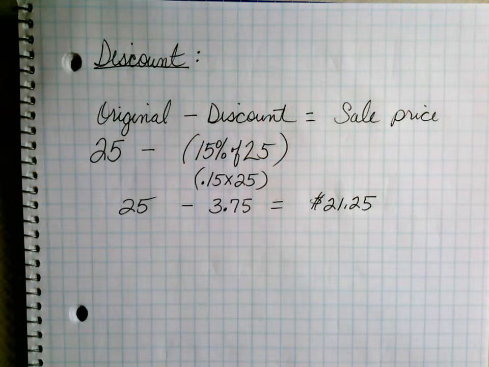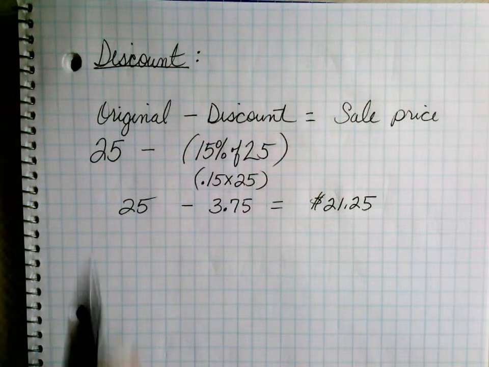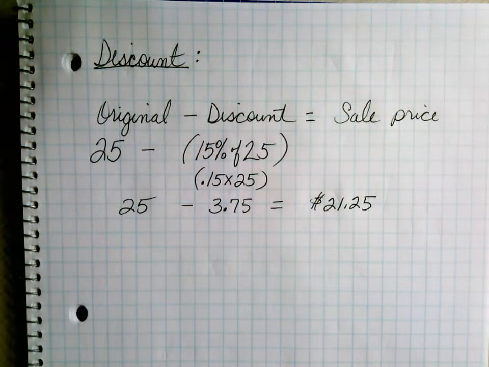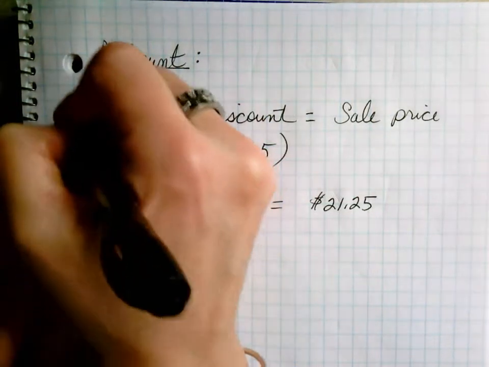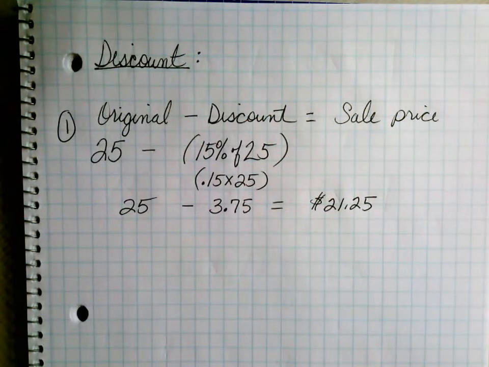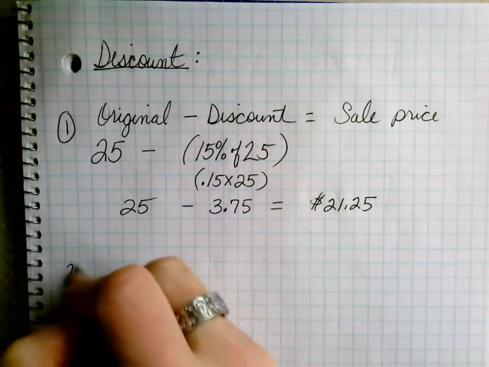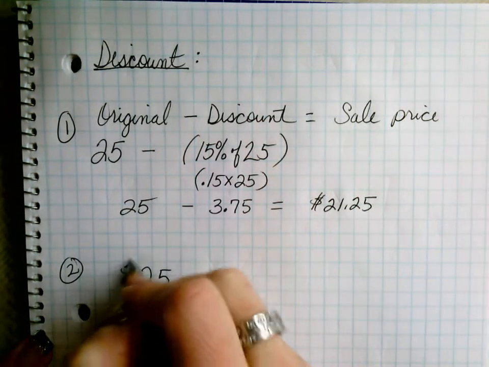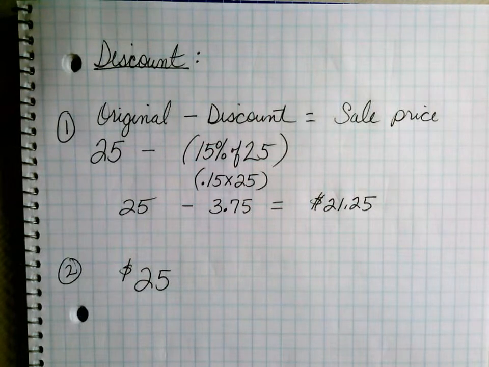Okay? I personally prefer to think in terms of what am I actually paying instead of finding original minus discount. Okay? This is method 1. Method 2 is, and actually, they're showing it a little bit more difficult than I would. I know the original is $25, but with the reduction of 15% from the original of 100%, what am I actually paying? 85%.